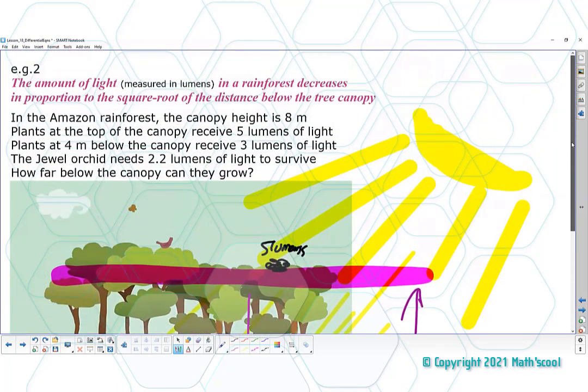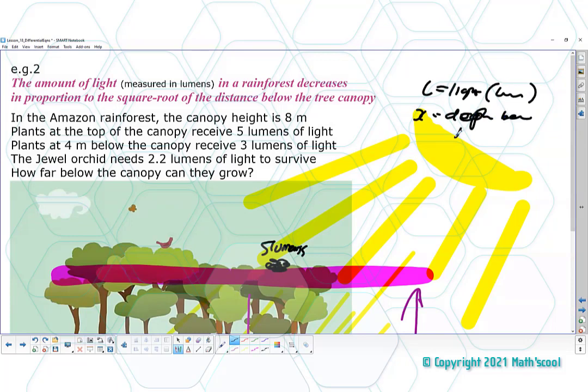We've already started this question before. We defined L as the light level, which is in lumens, and we defined x as the depth below the tops of the trees, in meters. And we said dL by dx decreases, negative, in proportion to the square root of x.